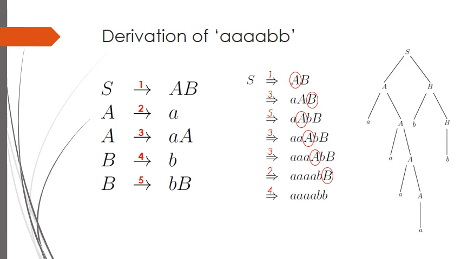The derivation solution is up to you. You can show that the word is an element of this grammar by going a different way. Here, the red circles show the variables chosen to expand in the next step in derivation. For easy understanding, you can follow the derivation steps on the right parse tree.